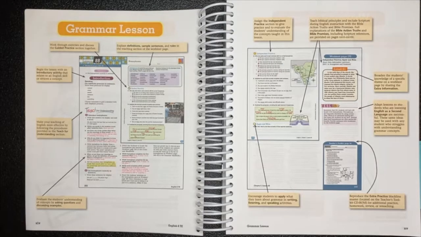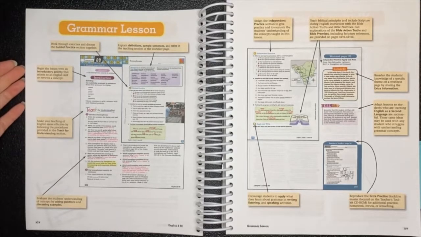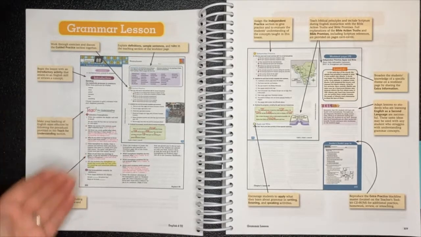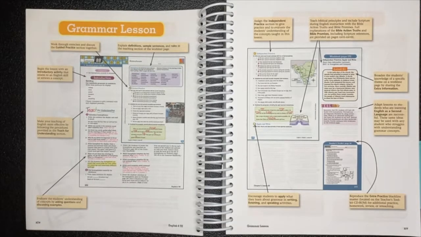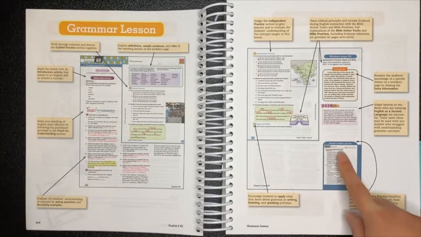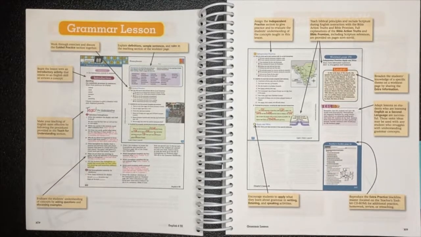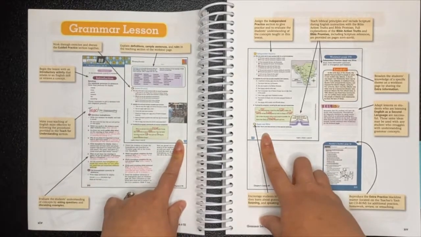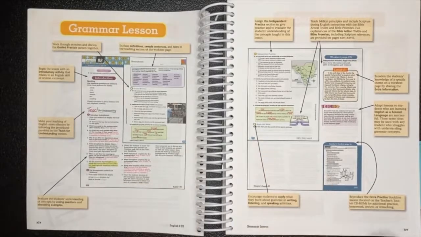You'll have a section on how grammar lessons are laid out, and this includes the introductory activity, teaching the material, questions and examples to use, work text pages to assign, extra information that your student may find interesting, how to modify and adapt those lessons if you need to, any extra handouts that go along with that lesson, as well as the answers to those. And then you'll find your students' work text pages in the middle with the answers.